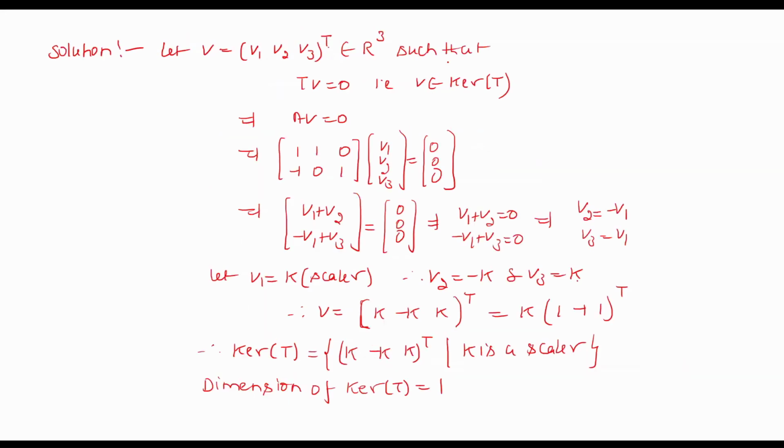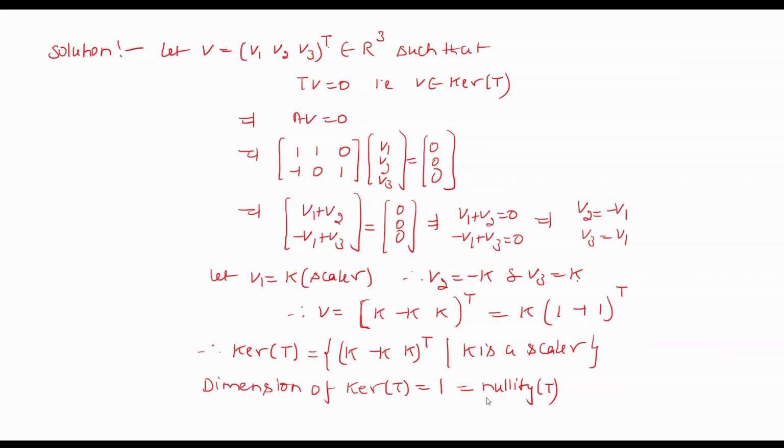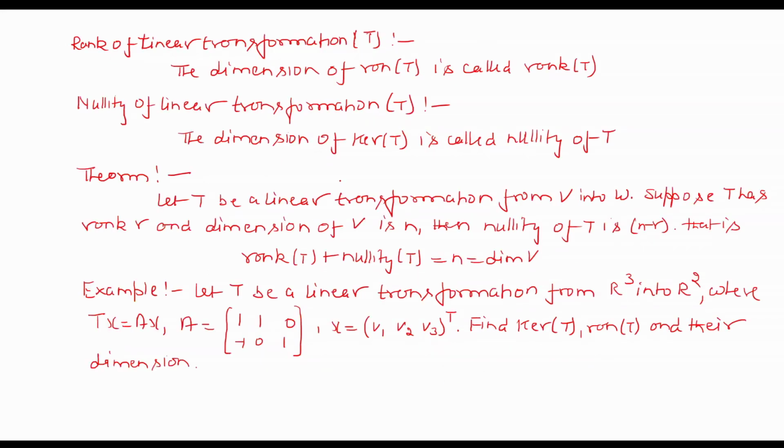And the dimension of the kernel of T is called the nullity of T. The sum of the nullity and the rank of T is equal to 3, which is the dimension of V, where T is the linear transformation from V to W.